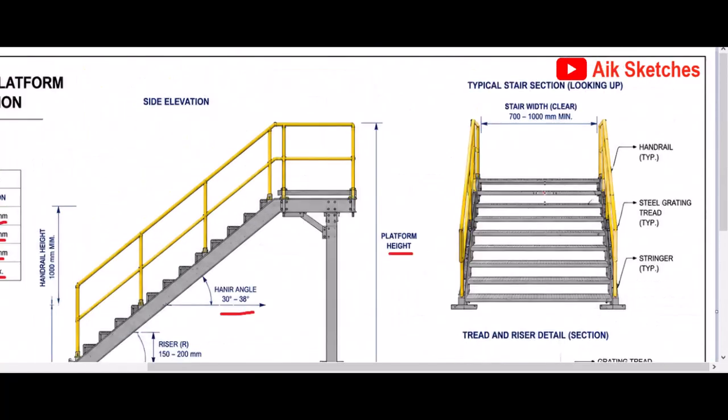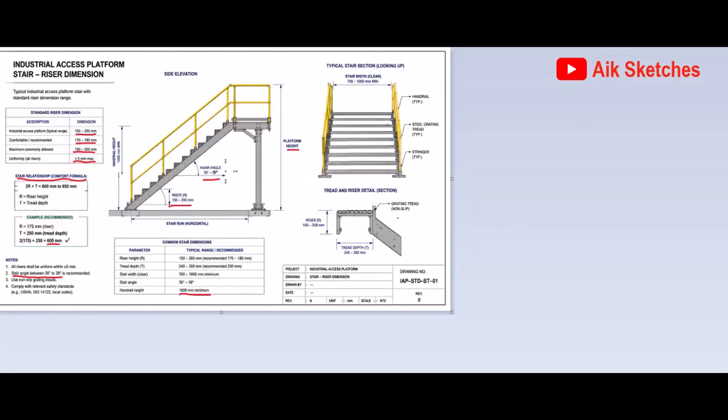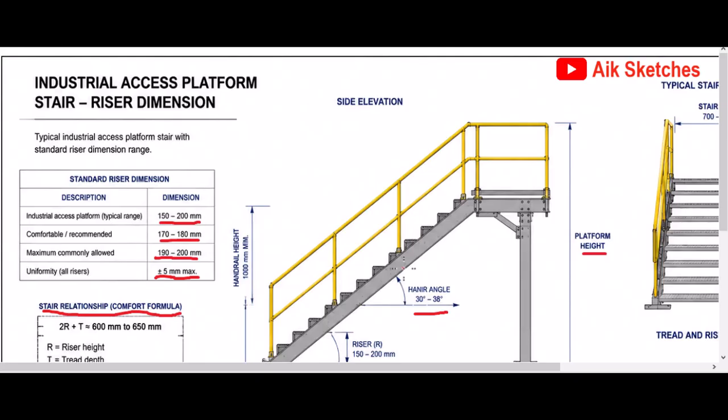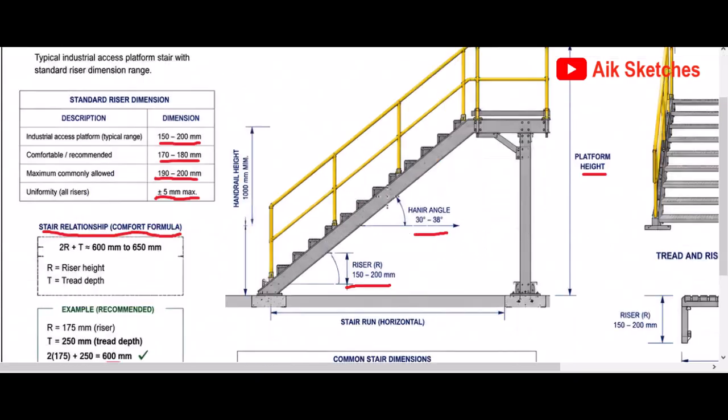Stair width, clear stair width, we have 700 to 1000 millimeters. We mentioned the stair angle. The next one is the handrail height. The handrail height is 1000 millimeters minimum.